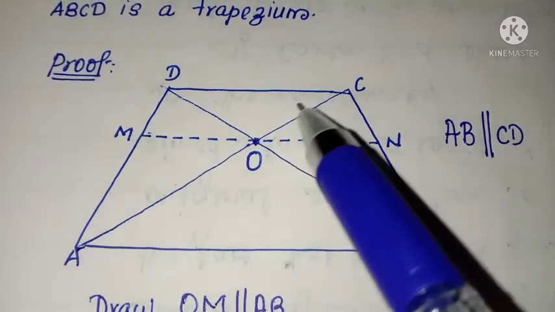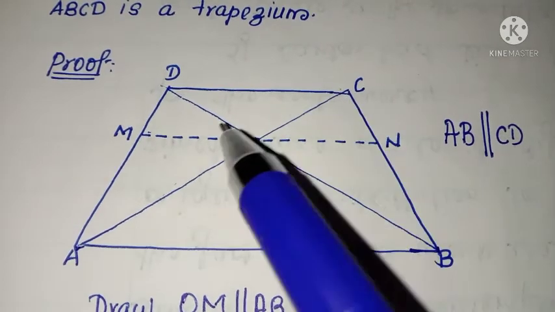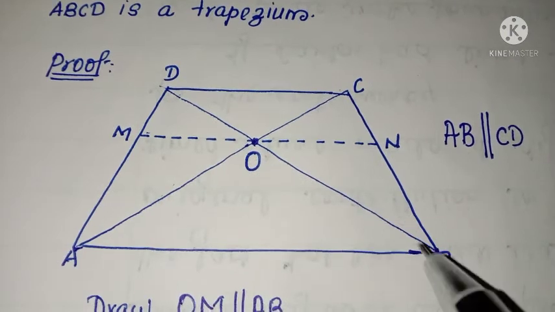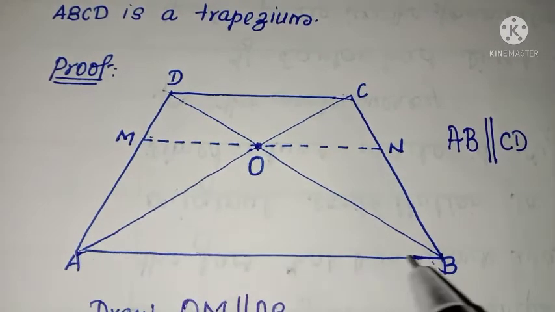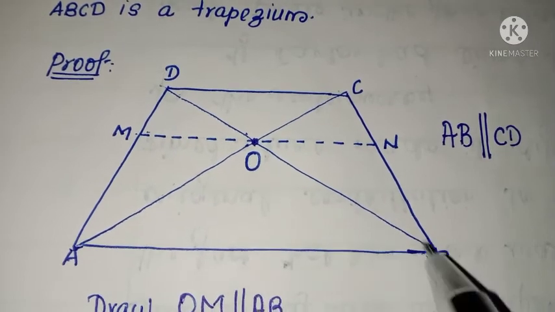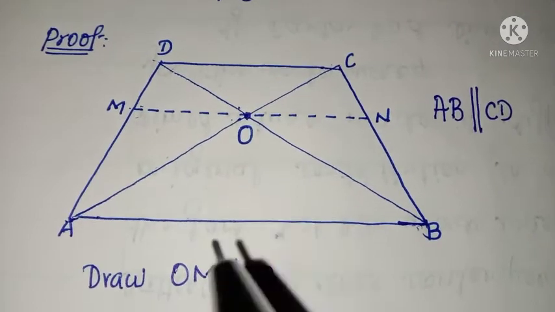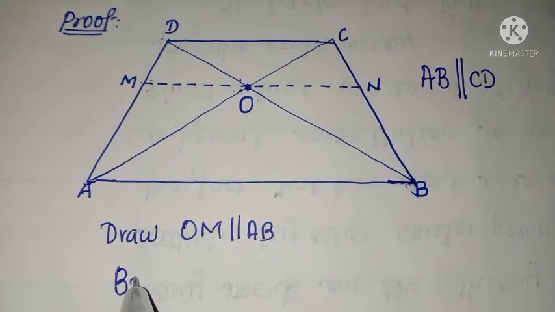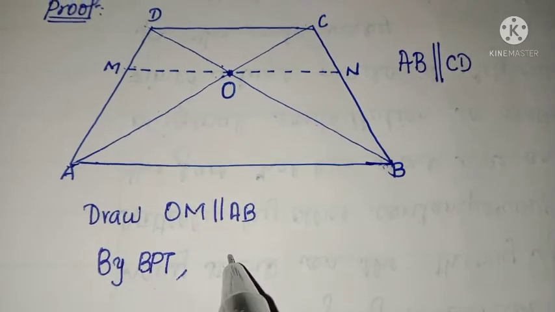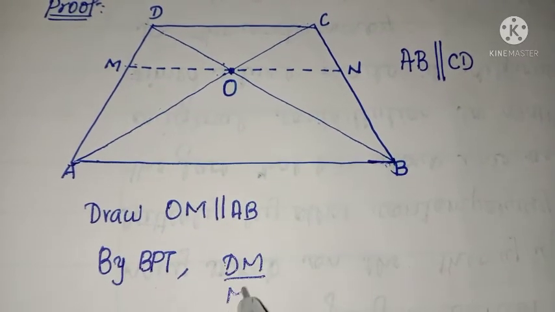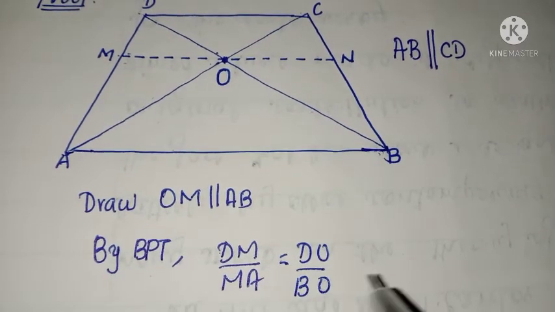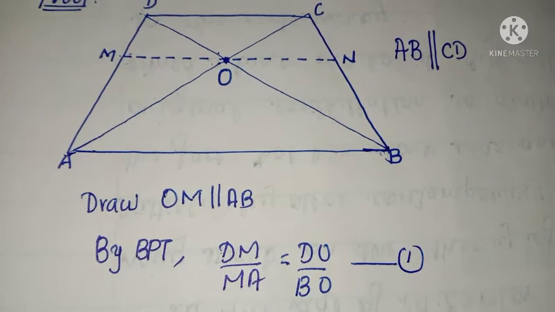Okay, OM is parallel to AB. So, draw a line through the point O such that OM is parallel to AB. Now, look at the triangle DAB. In this triangle DAB, OM is parallel to AB and therefore by basic proportionality theorem or by Thales theorem, we have DM by MA is equal to DO by BO. Put it as equation number 1.